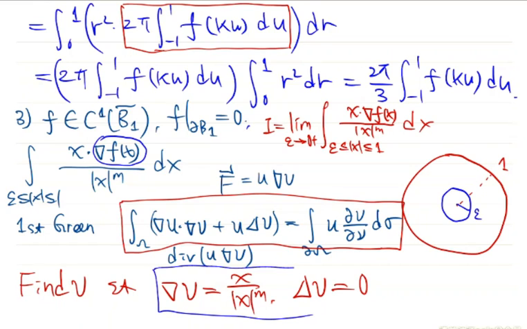The gradient is x divided by the norm of x to the power m. Can we have such a function v? Yes, there is such a function. We take v to be the function norm of x to the power 2 minus m.